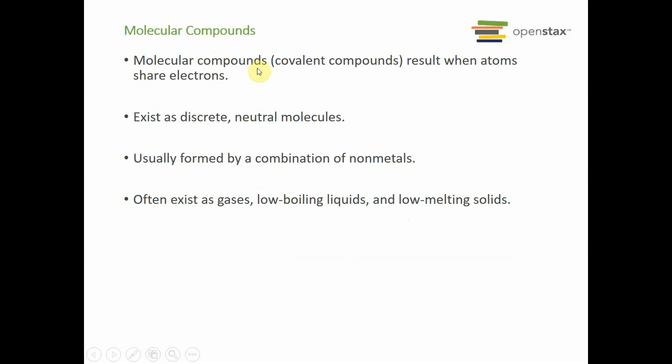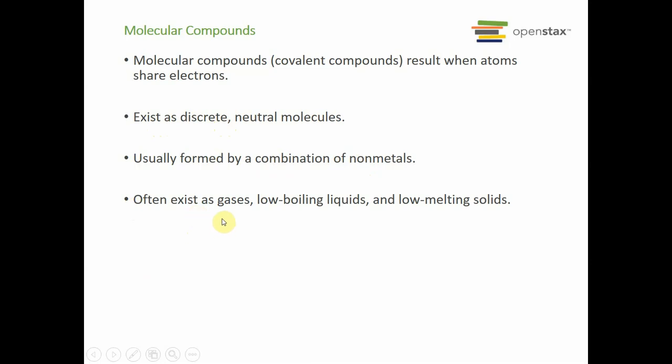Molecular compounds result when atoms share electrons. Molecular compounds exist as discrete neutral molecules, usually formed by a combination of non-metals like carbon, hydrogen, oxygen, and nitrogen. An example would be the sugar on your table, carbon dioxide in the air, water.